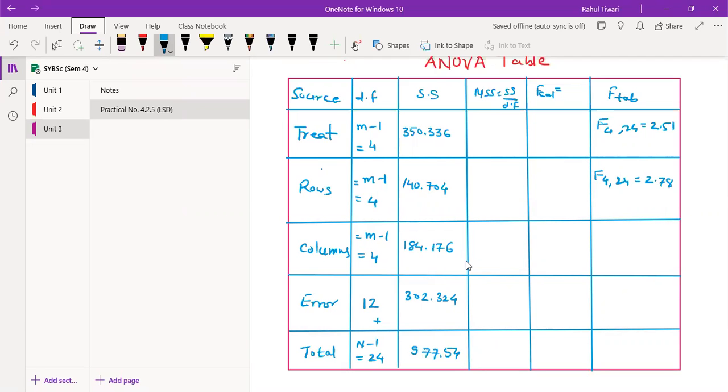And once you divide 350 by 4, you will get the answer 87.584, 35.176, 46.044, and 25.1936.